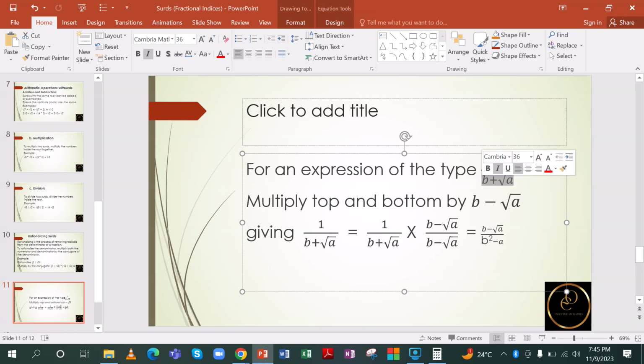The conjugate is this one here, of this denominator. So that's what you're going to end up having. If you do that, you are going to have this one multiplied by itself. It's going to end up being b squared minus a.